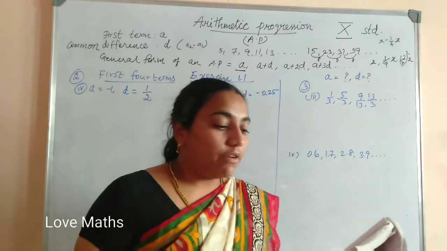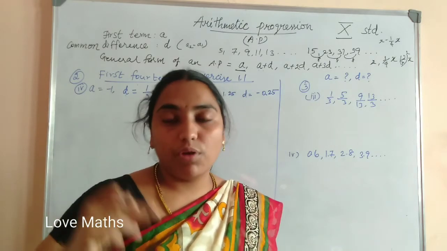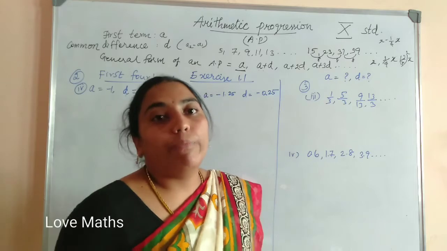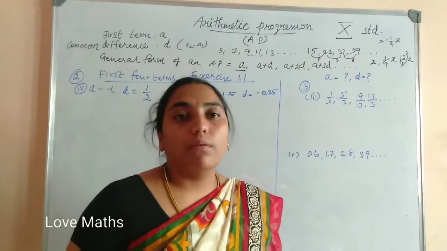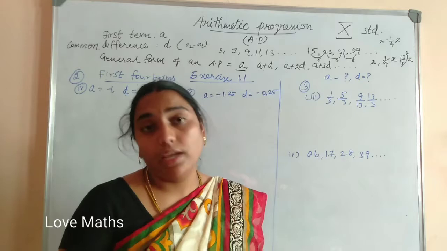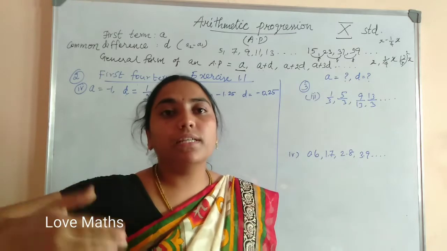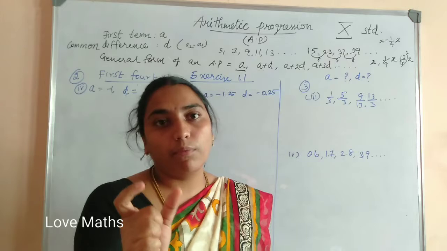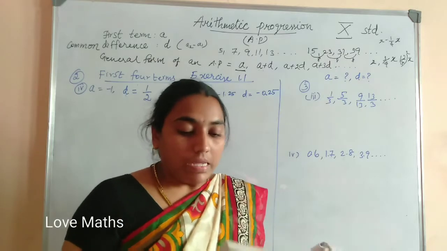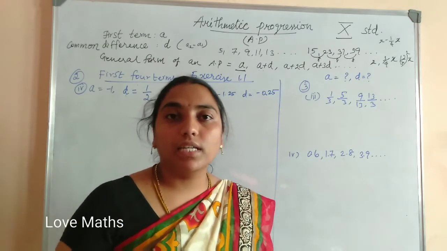Next, the cost of digging a well after every meter. Every meter, every 1 hour, every 1 kilometer, like that, it must be an AP only. Because if one fixed amount is there, every 1 hour it is increasing by one constant amount. So it is an AP. Here also the first is 150 rupees, and every meter it is increasing by 50.